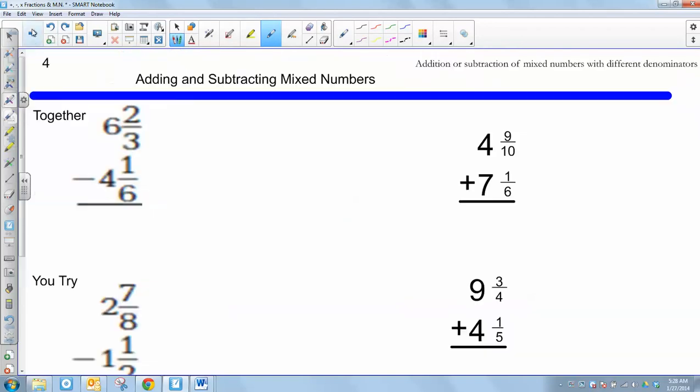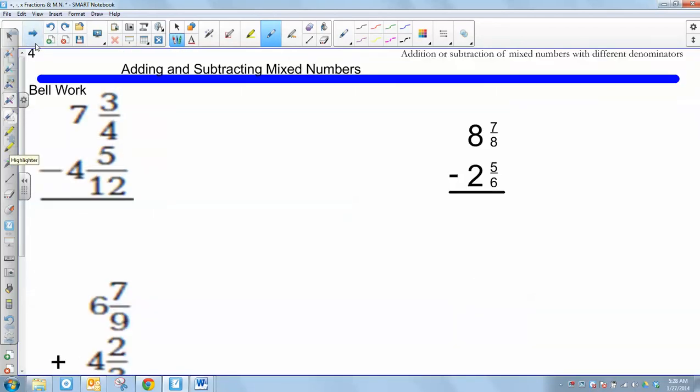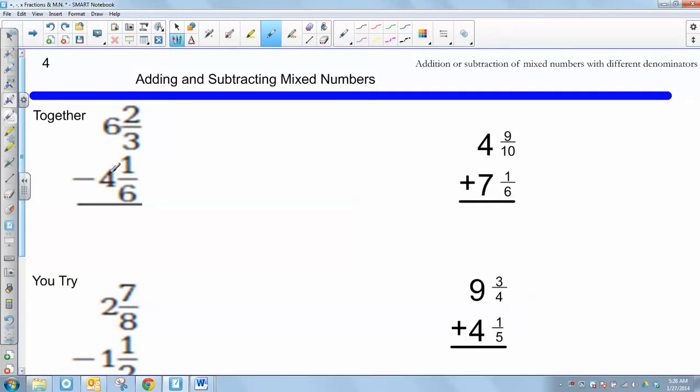I believe our next page, we actually have a couple more problems too together here. So let's do 4 and 1/6 is going to stay the same because 6 is my least common denominator. 2/3 will change into, times 2, would be 4/6.